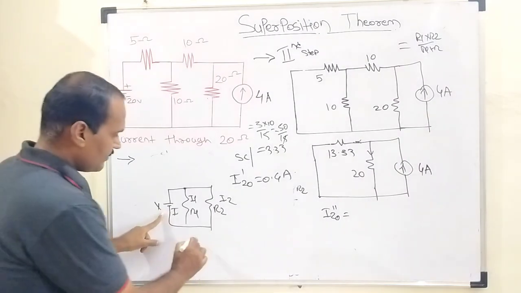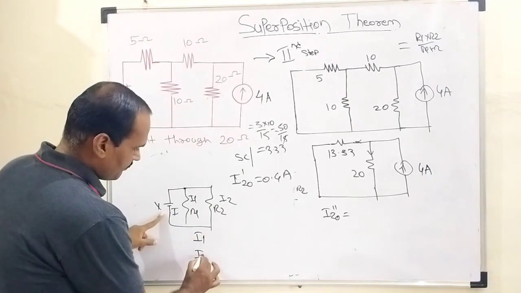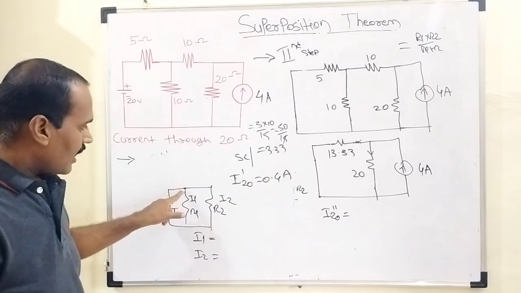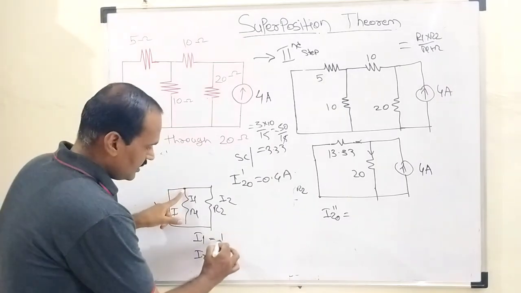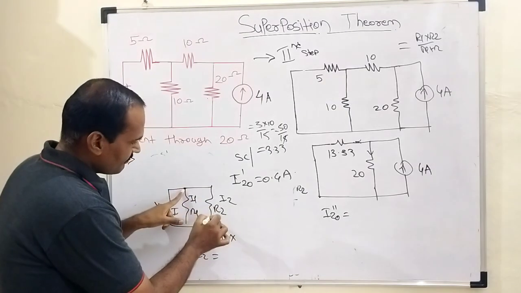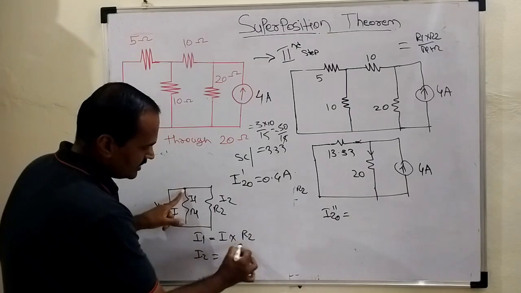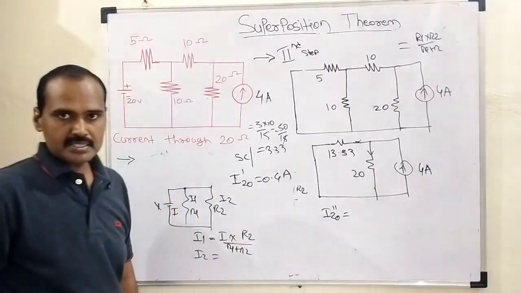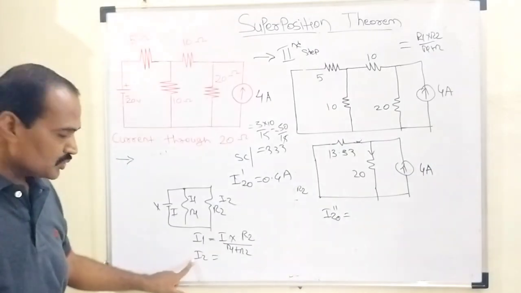Whenever it is required to determine I1 or I2 according to the current division rule, up to this node the total current is capital I, multiplied by the resistance in the opposite arm, that is R2, divided by the sum of the two resistances, R1 plus R2. The same thing is used for I2.